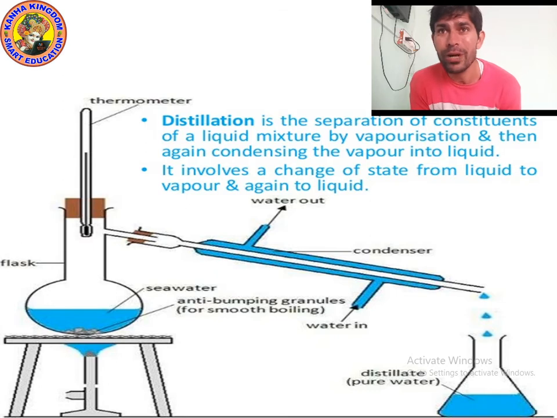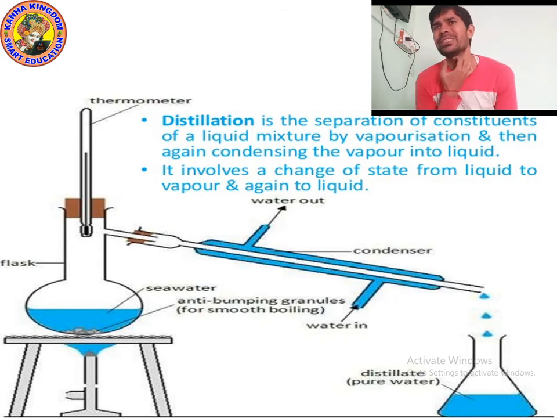So when the water vapor passes through the condenser, it cools again and converts into liquid drops, and we collect the pure water in the flask. This water is known as distillate, or distilled water, which is pure water.